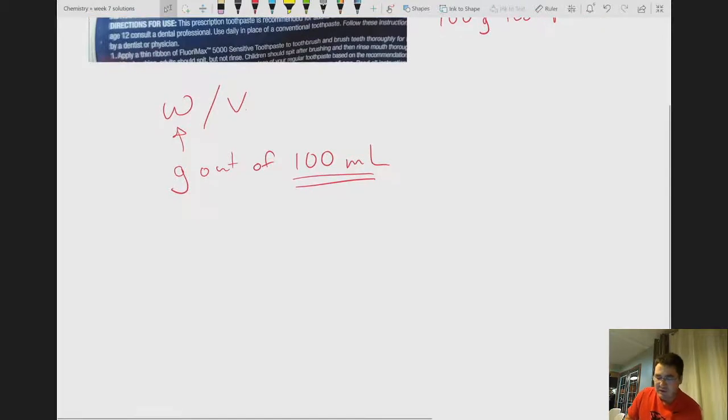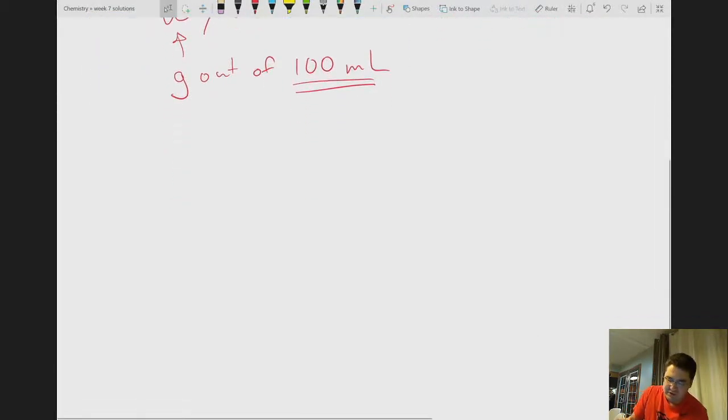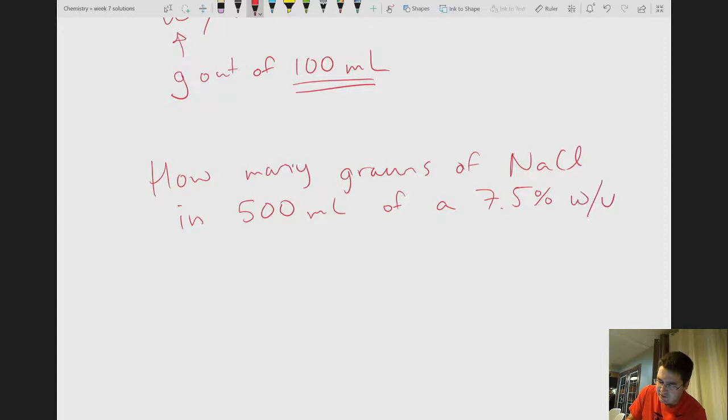I don't have a toothpaste example, but let's do a quick example. How many grams of NaCl are in 500 milliliters of a 7.5% weight per volume solution?